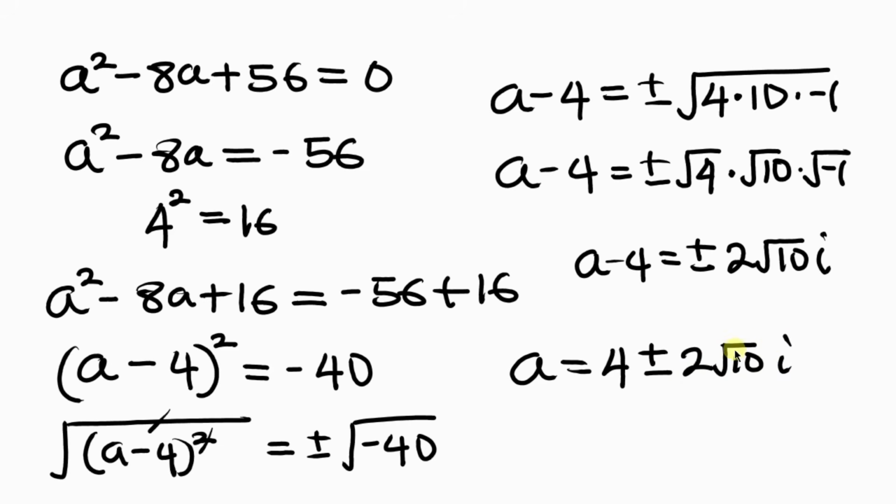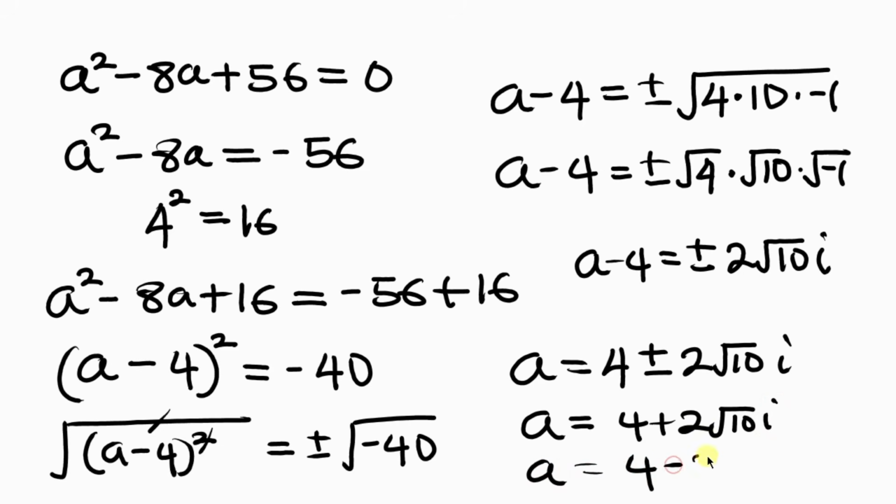Very good. So there are two values of a from here. We have 4 plus 2 root 10 i, and we have 4 minus 2 root 10 i. Very good. Remember, we've got one value to be negative 7. So this is the second solution, while this is the third solution.